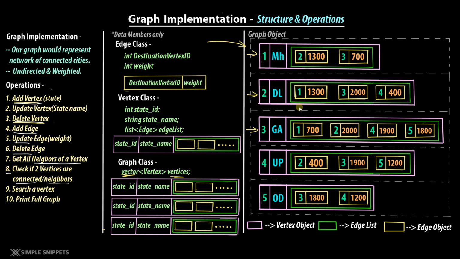Depending upon the operation, because we want a dynamic feature, that is the reason why we are using this vector class. And we are using this list class to store the edge list for a particular vertex. Okay, so I hope the structure is pretty clear to you guys of how we are going to approach our graph implementation. As I mentioned, please take a screenshot of this. Let me just clear out everything else.